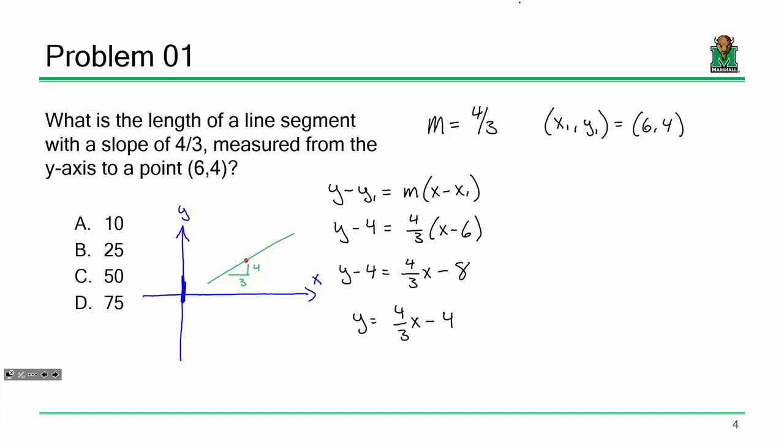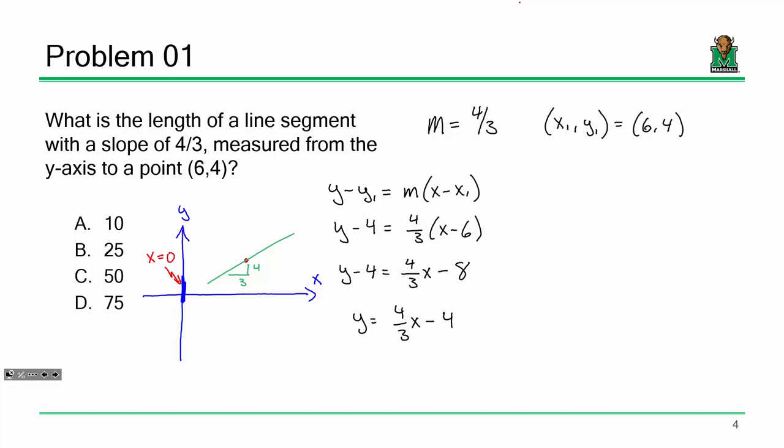So what do I know about the y-axis? What values are true here? Well, your y-intercept. So what is true about the y-intercept? How do I find a y-intercept? On the y-axis, what is true about x along this line? 0. There we go.